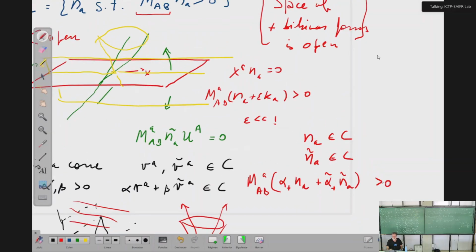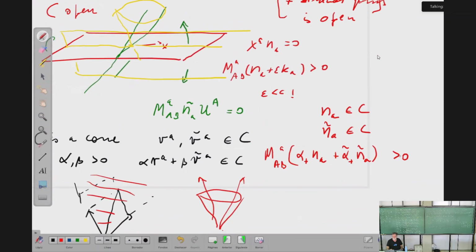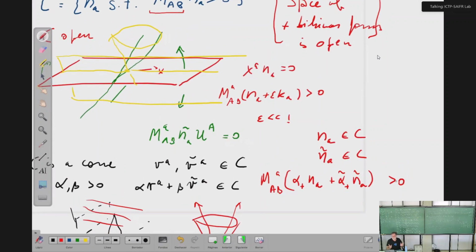So it's a cone. So in this case it is a cone of covectors, so Cauchy surfaces, and in the other case it's a cone of vectors.